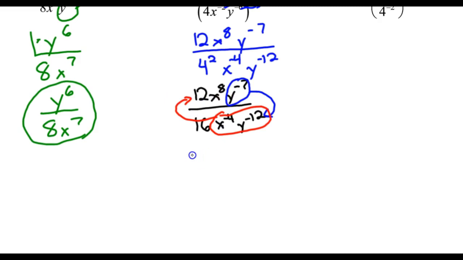So our new problem would look like this. 12x to the 8th times, now I moved and made positive, so x to the 4th, y to the 12th, all over 16. Now I moved the negative 7 down, so y to the 7th power.